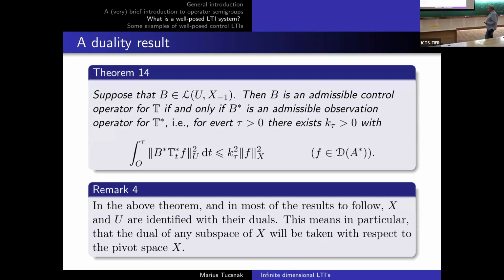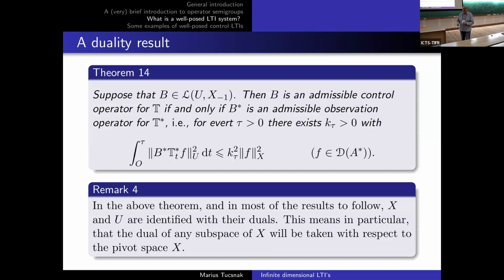And now I will go quickly through a characterization by duality. So how can we prove in practice when we have a B? We will see that in practice, giving the B is not always very simple. But supposing I have a B, how can I check that it is admissible?